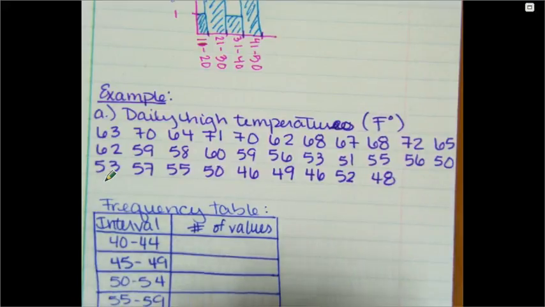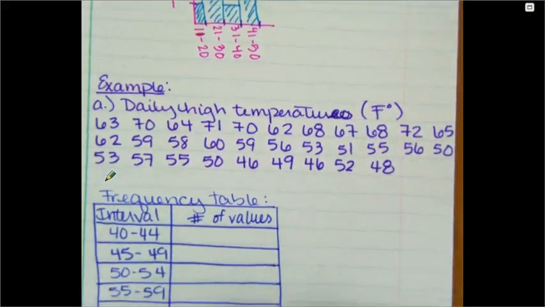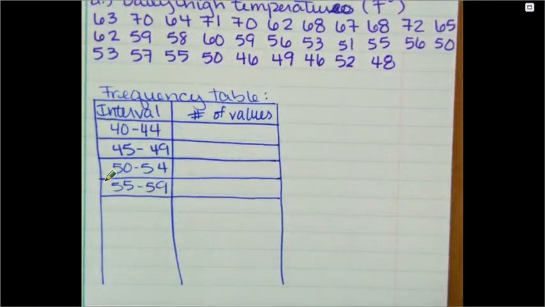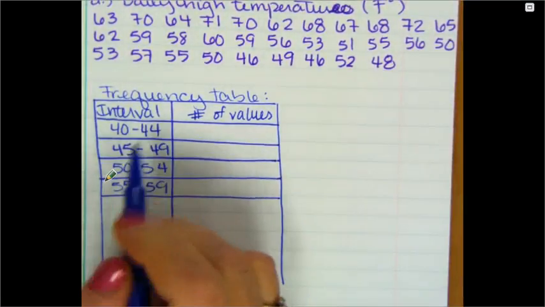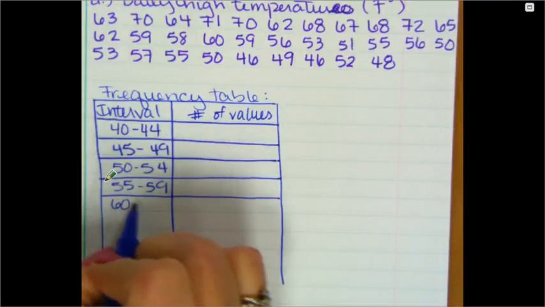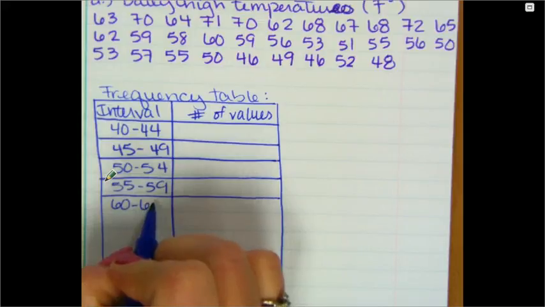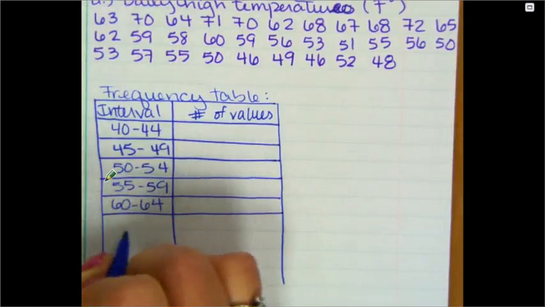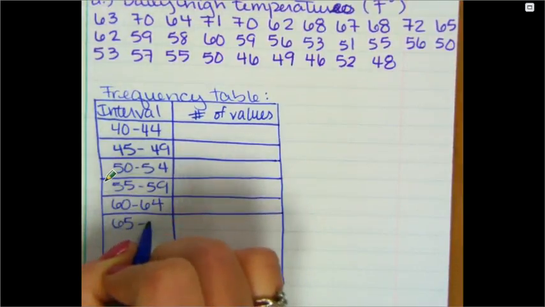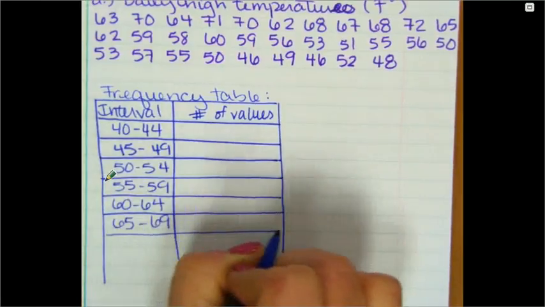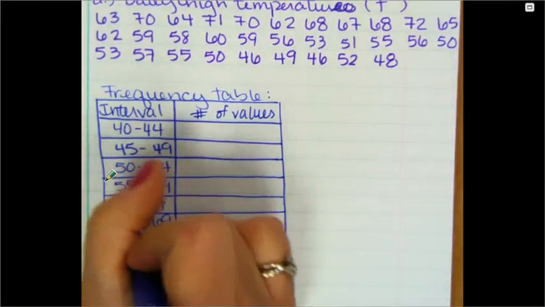Leading to the next interval, which is going to be 60. 60 to what? 64. What's the next interval going to be? 65 to 69. And our last interval is 70 to.